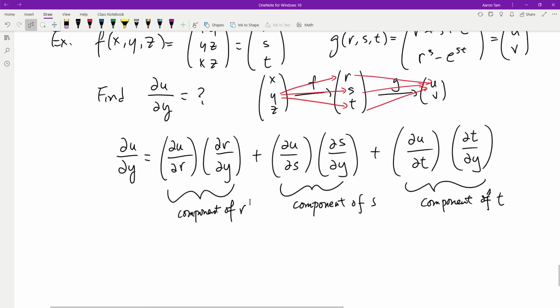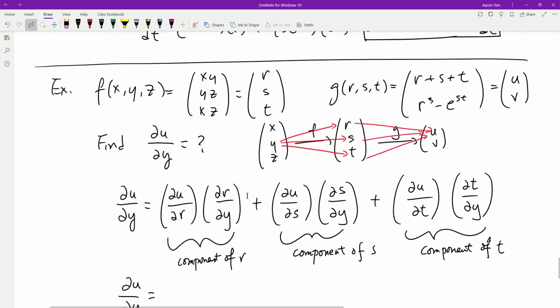Now, it should be pretty easy to find all the derivatives here. So I'm going to just go for it because I can't run out of time. du over dr would be 1.